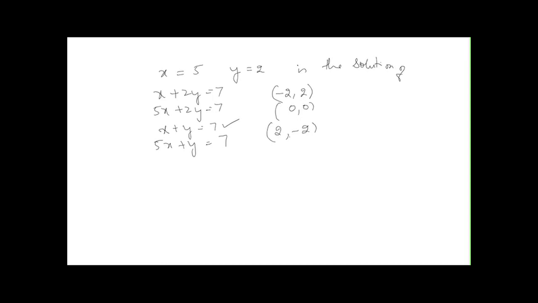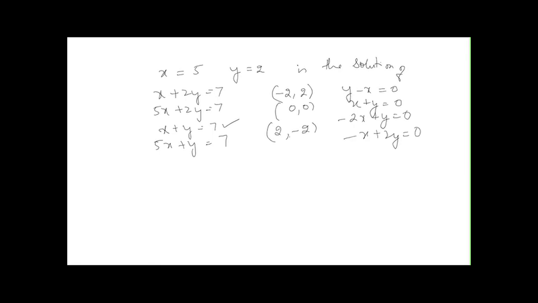Now, you have to write an equation which satisfies all the three points. I'll give you options. Y minus x equal to 0, x plus y equal to 0, minus 2x plus y equal to 0, minus x plus 2y equal to 0.